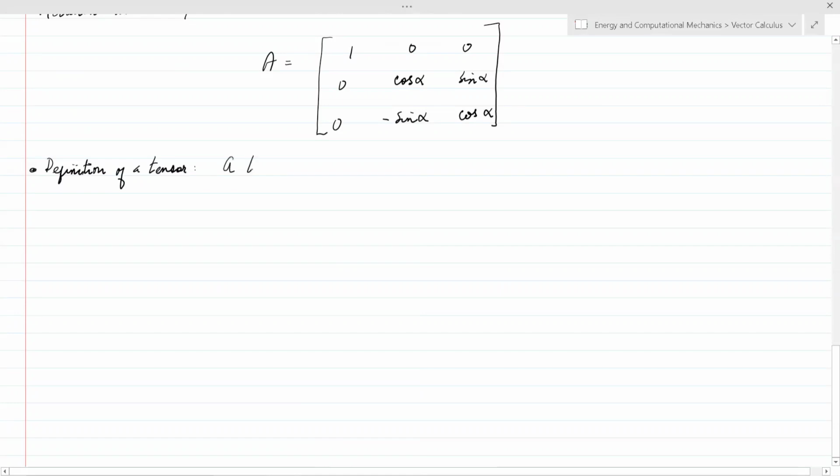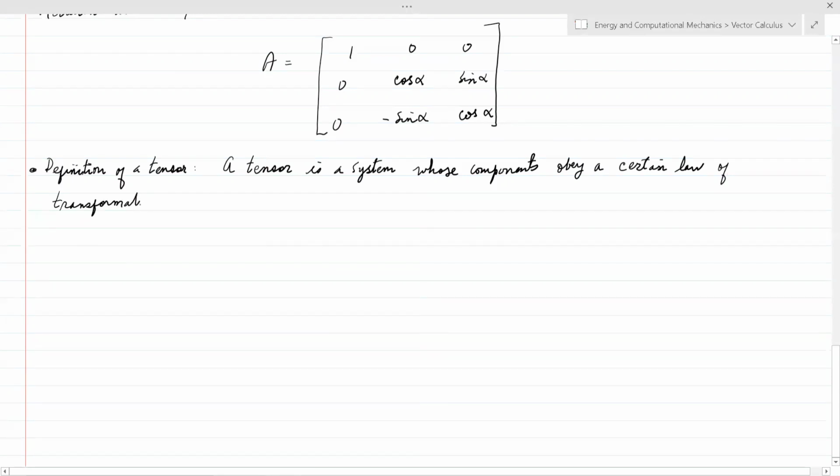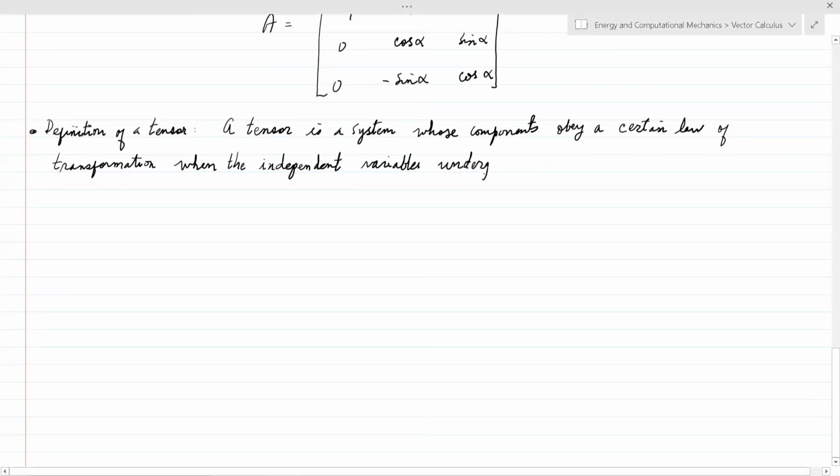A tensor is a system whose components obey a certain law of transformation when the independent variables undergo a linear transformation.